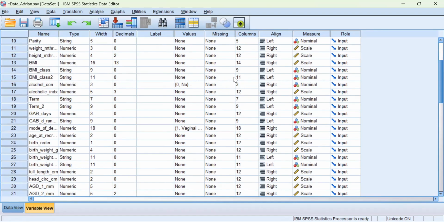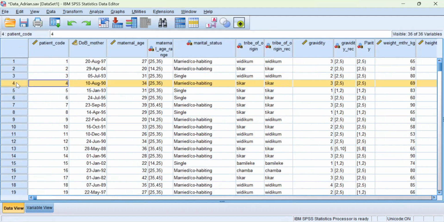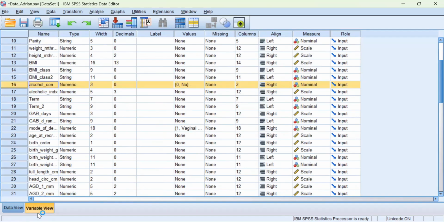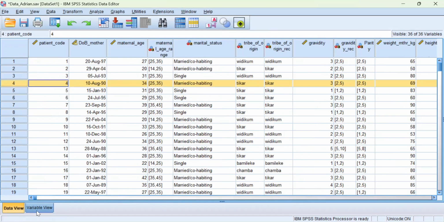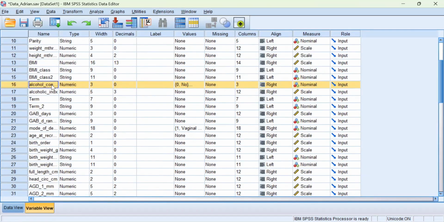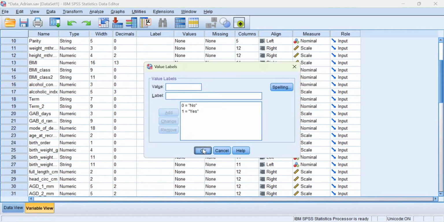Okay, so we have alcohol consumption and mode of delivery. Number 16 is alcohol consumption, 0 is no, and 1 is yes.